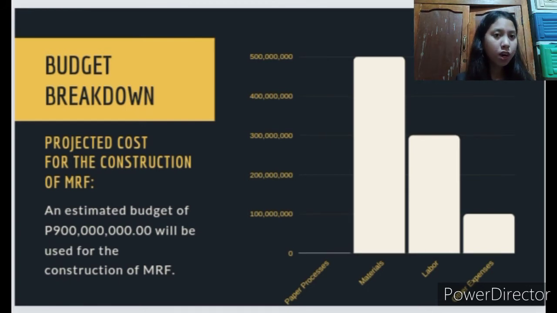For the labor is 300 million pesos, and for the other expenses is 100 million pesos. So in total, the construction of materials recovery facility will at least cost 900 million pesos.